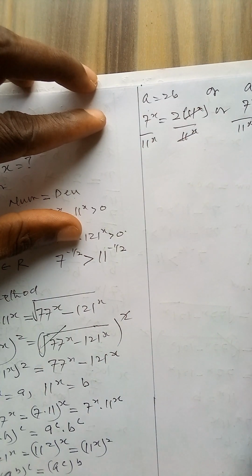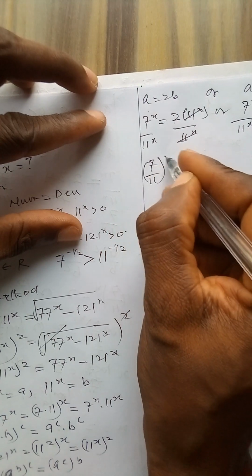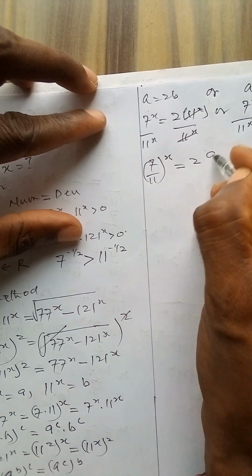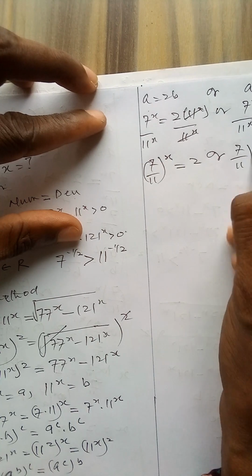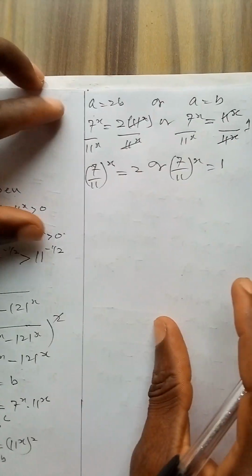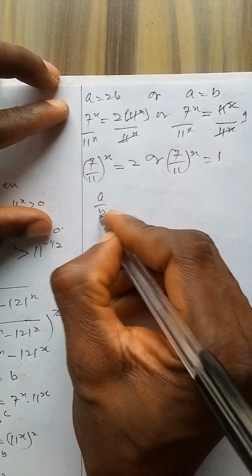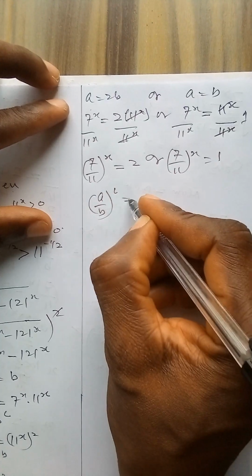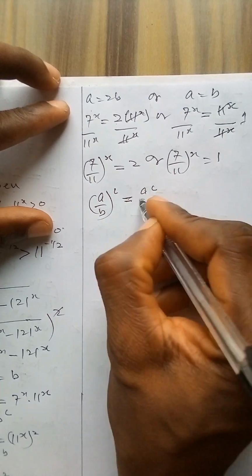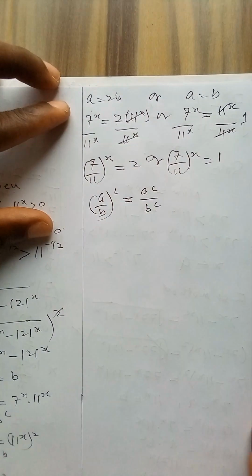This will cancel this one, remaining 1. Here 2 is remaining. So (7 over 11) to power x is equal to 2, or (7 over 11) all to power x is equal to 1. I applied another property of indices in this case. If I have (a over b) all to power c, it can be written as a to power c over b to power c. This property is applied in this case.